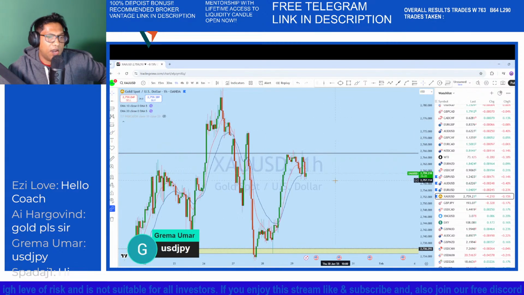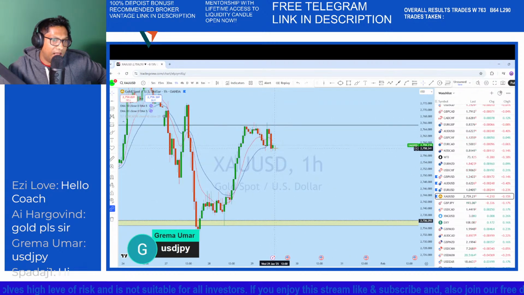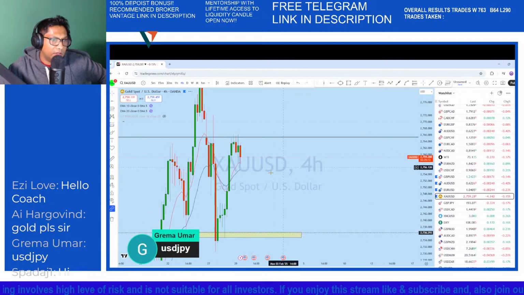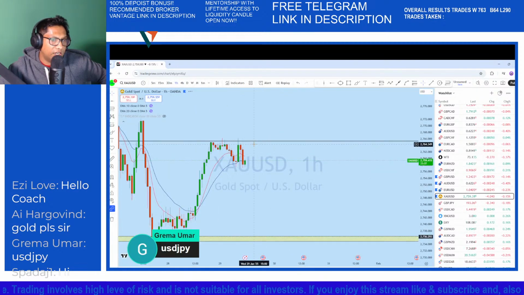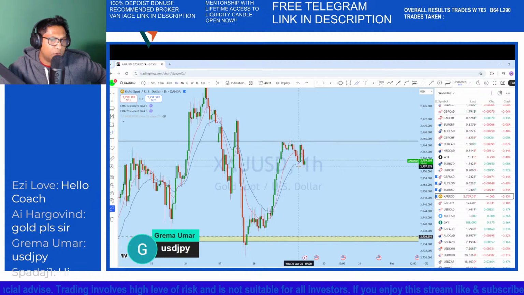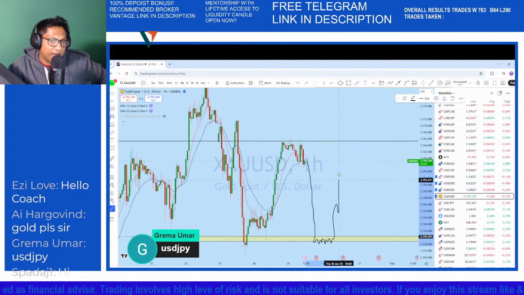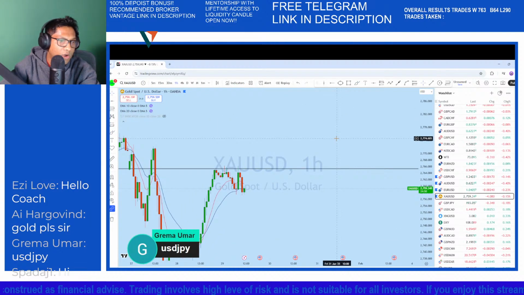So with that in mind, what we can expect for this instrument is for the price to melt to the downside to this support level. On the 1-hour chart as well, after this green move, the price is slowly coming to that support level, and I think we might see the price ultimately penetrating below that level and then bouncing back up again to create a new higher high here.